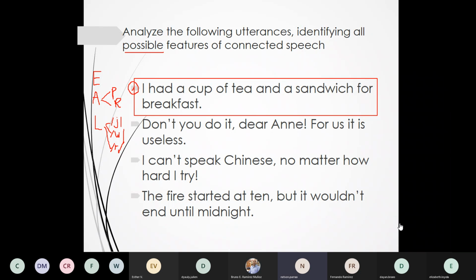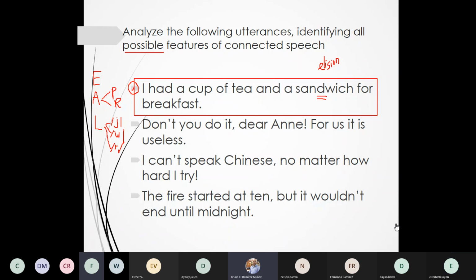Yeah. So the sound d is between the sound n and w, I think. And as an elision, we avoid the sound d. All right, very well done. So, anything else you were able to catch or identify?